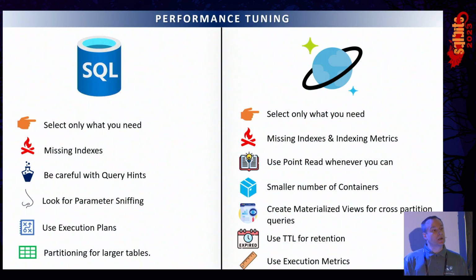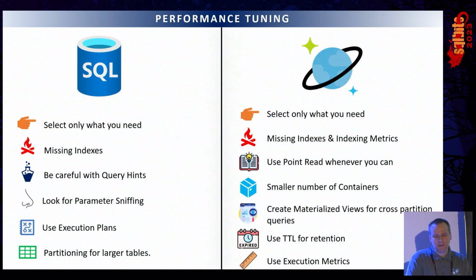Rather than that, you don't want to have many containers. Like in SQL Server, you have many tables, many lookup tables, and you join them together. You don't want to do that in Cosmos DB. You want to put your data model together, and you don't want many requests to actually render a page. You use the execution plans in SQL Server to find the problems, and if you have really large tables, you use partitioning.